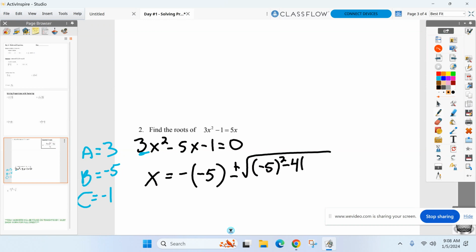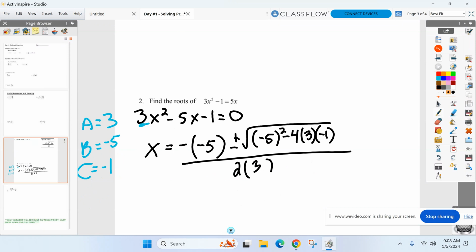-4. A value is 3. C value, -1. And again, all over, 2, in parentheses, your A value, 3. All right, that's all I need to see when you use quadratic formula. And then hopefully you'll be able to type all that in.